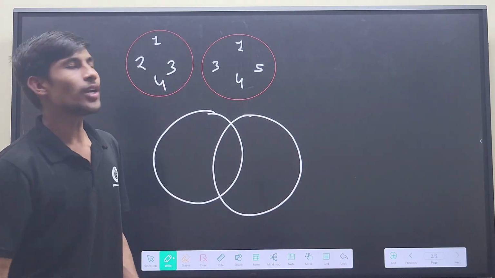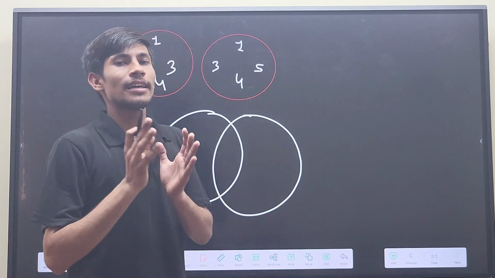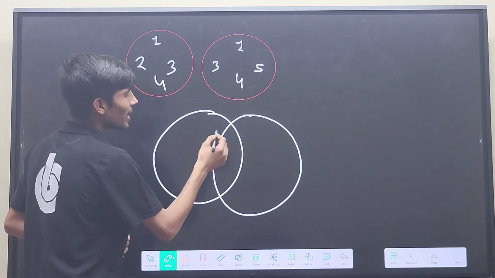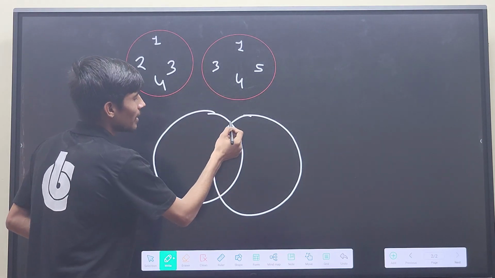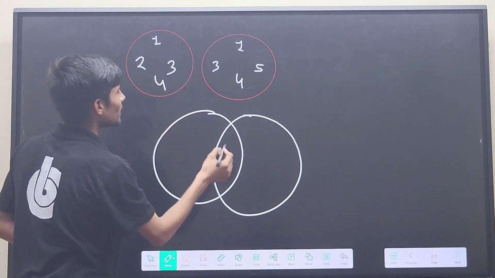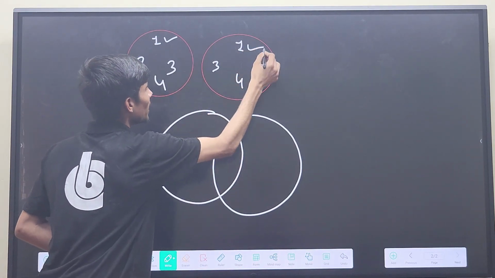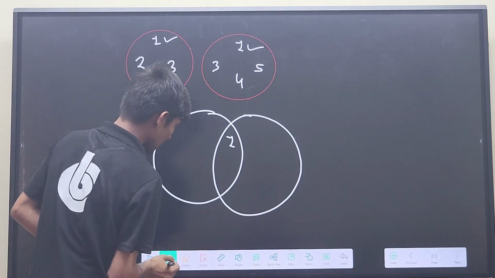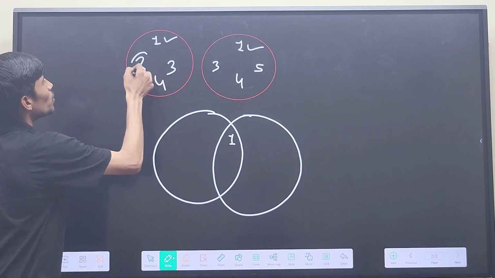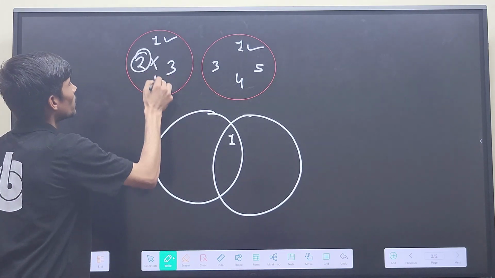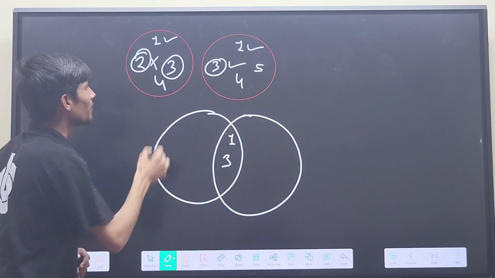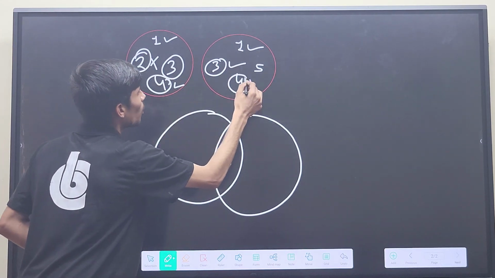As I have told you, the intersection is the set of common elements. So whenever I am writing the common elements, I will write them in this section. 1 is a common element, so I am writing it here. And 3, yes, 3 is a common element, right here. Any other element? Yes, 4 is a common element, right here.